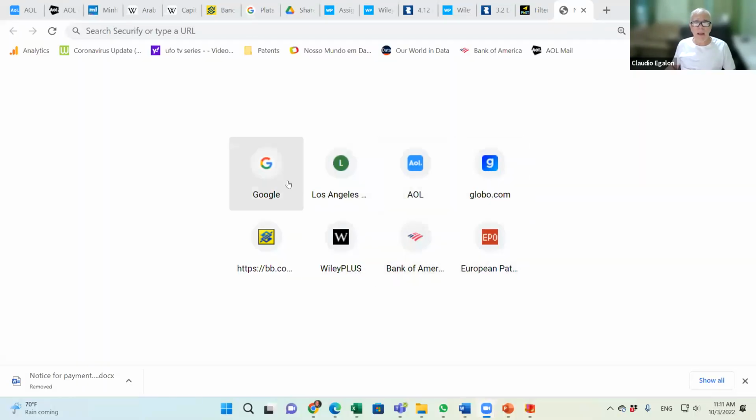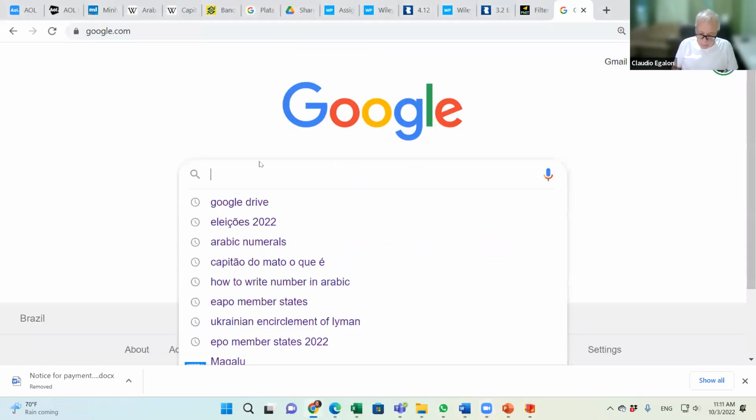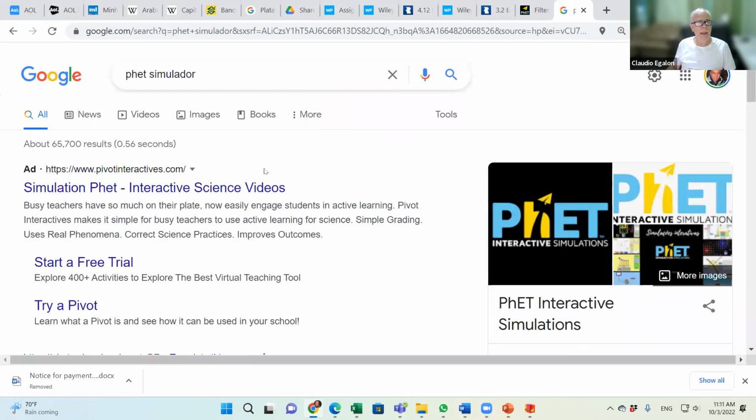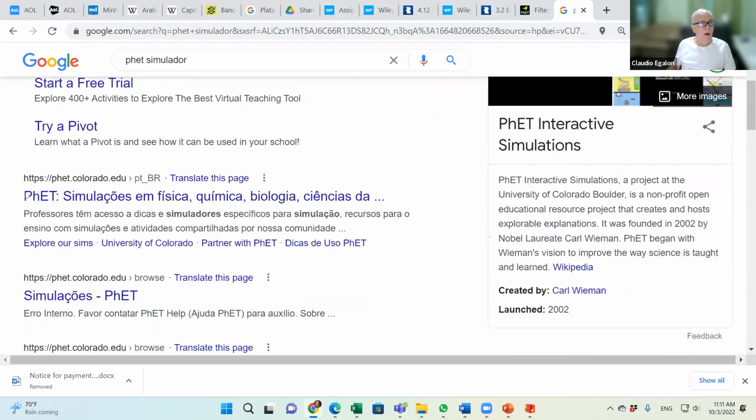I am back here, and let's change gears a little bit. I want you to check a website that we have here. Let me share the screen so you know what I'm doing. There is this nice website, called the PhET simulator. We have several simulations in physics, at the University of Colorado.